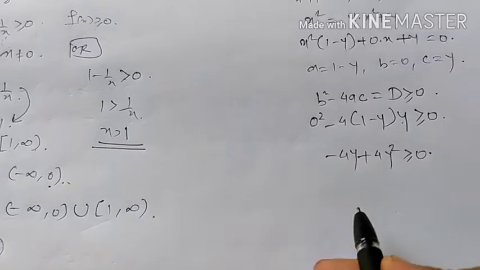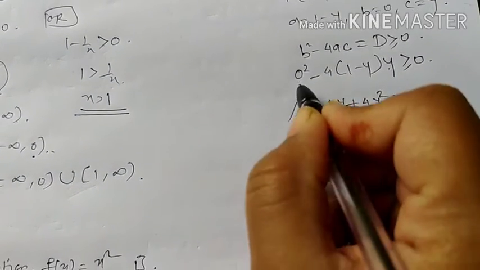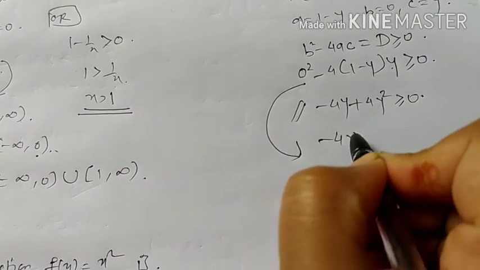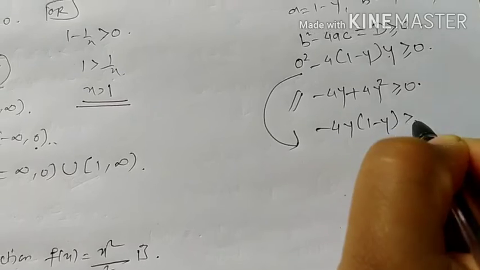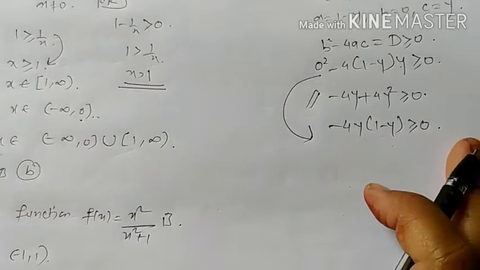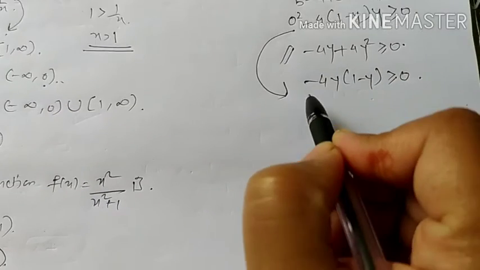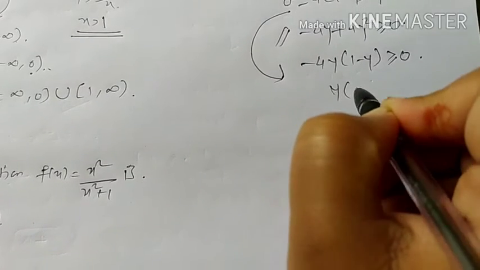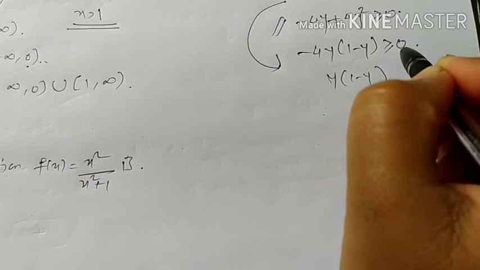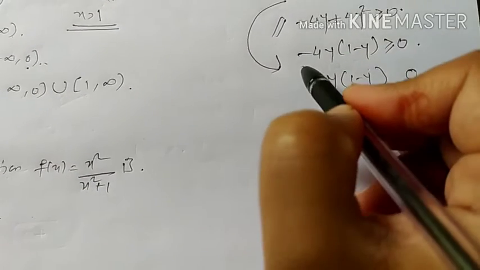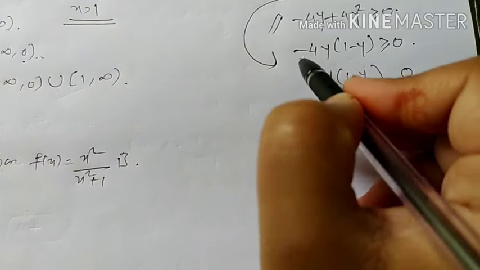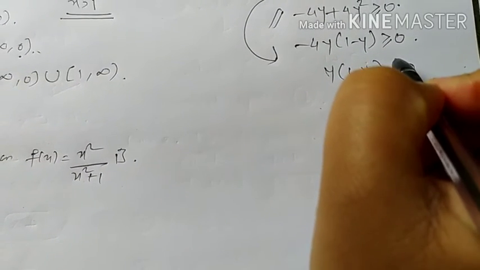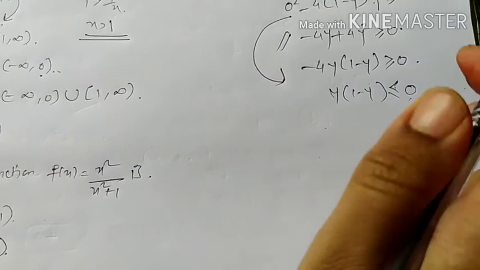Now if you don't want to multiply this, we'll keep it as it is directly. Minus 4y in bracket 1 minus y greater or equal to 0. It means if we divide by minus 4 on both sides, we have y into 1 minus y, and 0 upon minus 4 is 0. But now we have multiplied both sides by minus, so this sign will be less equal to 0.